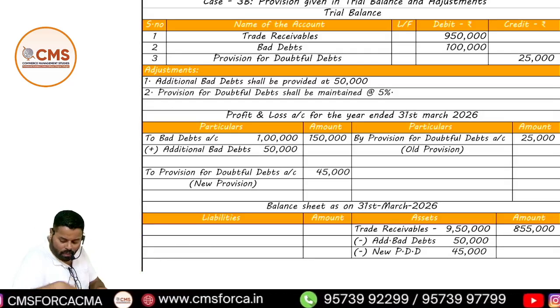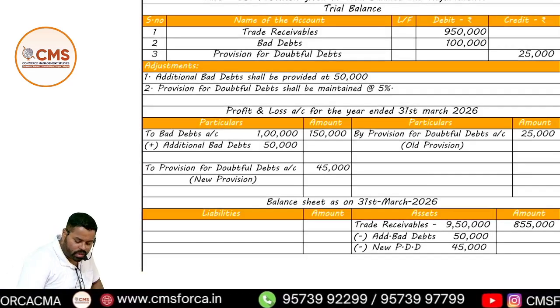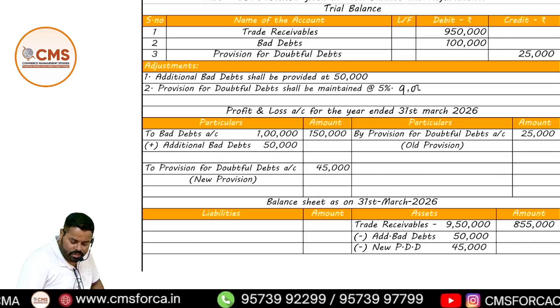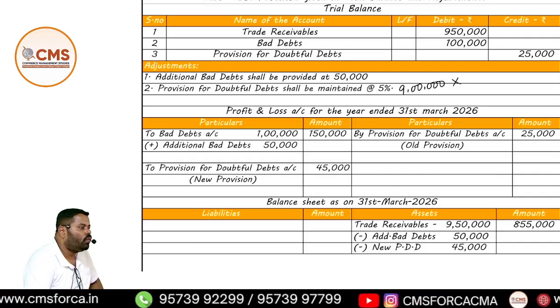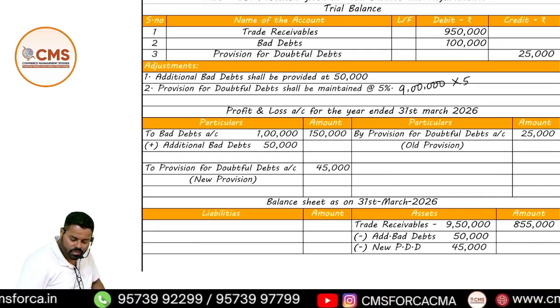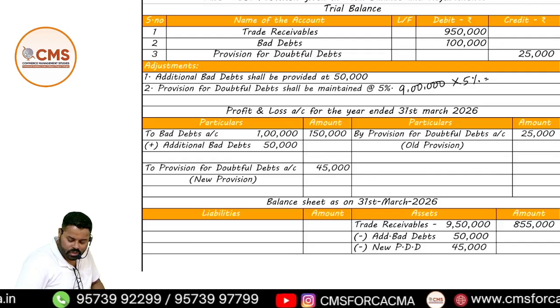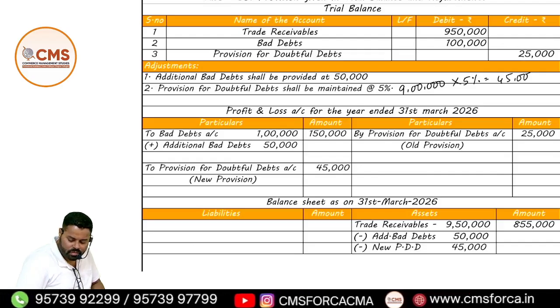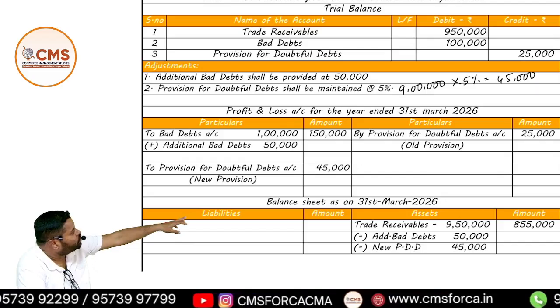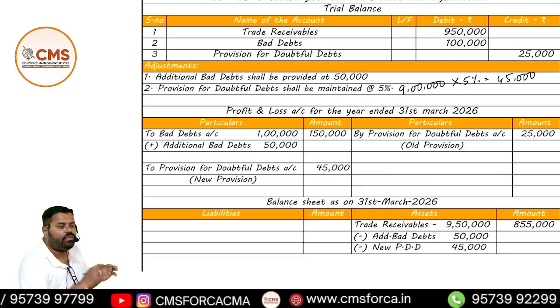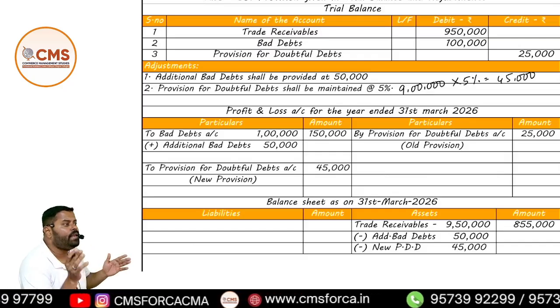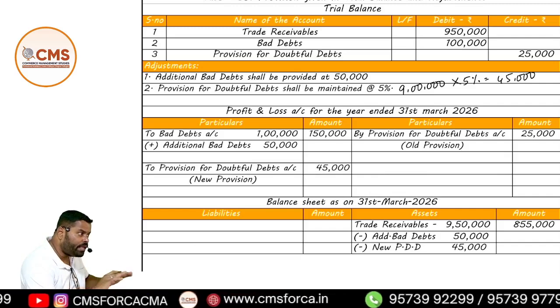So the balance 9 lakhs, whatever you're calling good debtors. On this, I have a doubt now. What is the doubt? 5%, which comes to 45,000. Are you getting it? Understand the connection between that 25 and this 50. We were thinking that maybe I will get a loss of another 25.